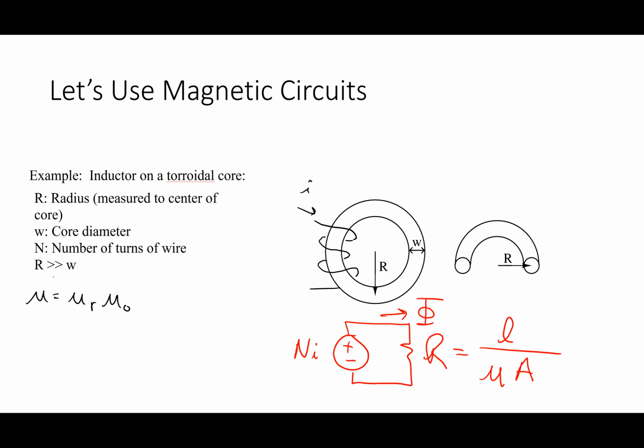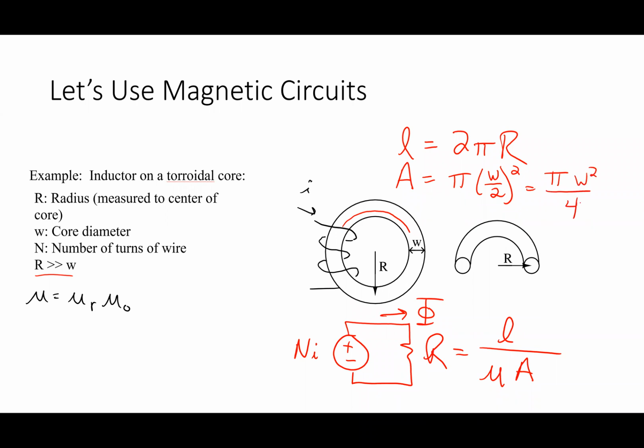Again, with this approximation that R is much, much bigger than W, I basically assume that it's going through right at the center of this thing. So my length is 2 pi R. What's the cross-sectional area that it's cutting through? Yep, pi (W over 2) squared, or pi W squared over 4.